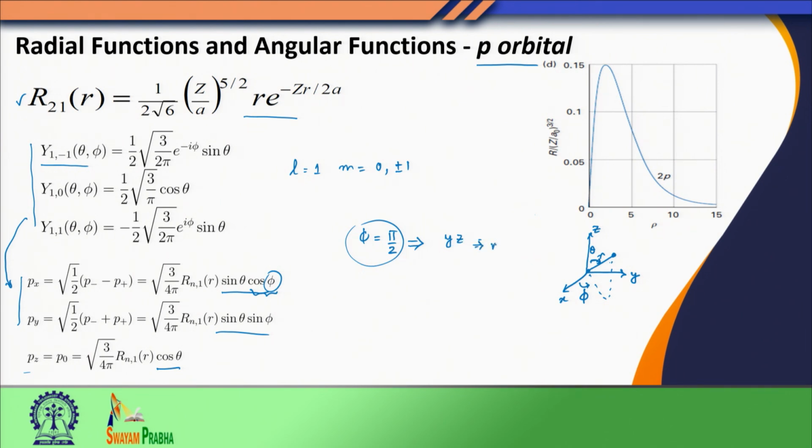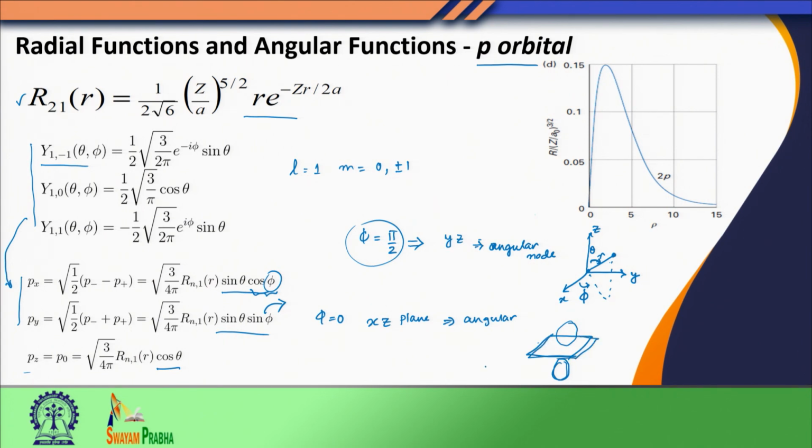So, therefore, I develop an angular node. Similarly, in this case for py, when phi is 0, that means when it is on the xz plane, I develop an angular node. And if I define a plane for this angular node, on this plane the wave function vanishes, but the wave function exists above the plane and below the plane.